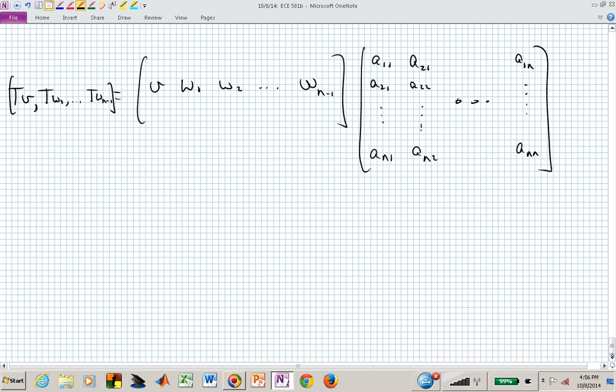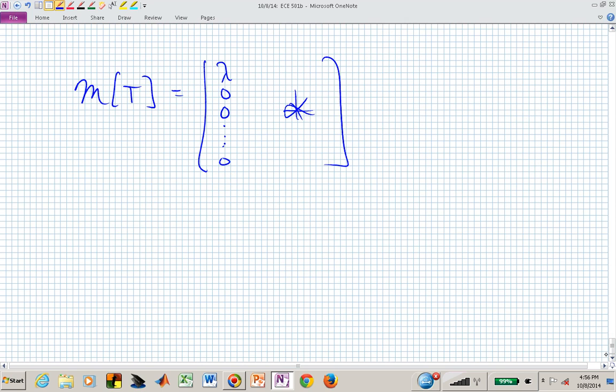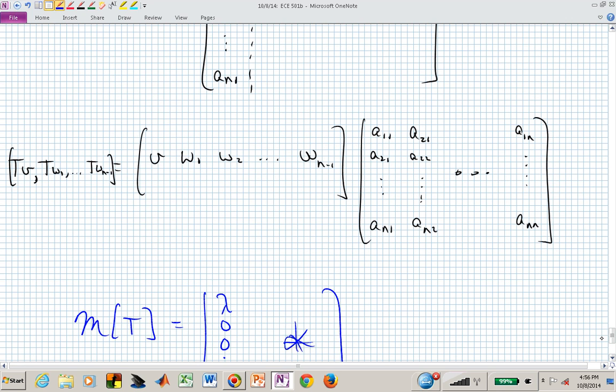Meaning in this case, we can now say that the matrix representation of T can be written as lambda, 0, 0, everything else 0, and for now, let's not worry about what's in the next n minus 1 columns. And we can do that because of what we were just showing up here for the way that we were expressing this TV, then TW1, etc., in terms of a linear combination of the basis vectors.